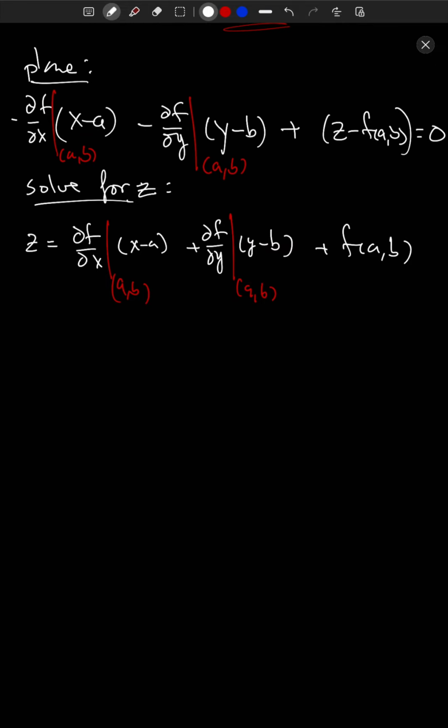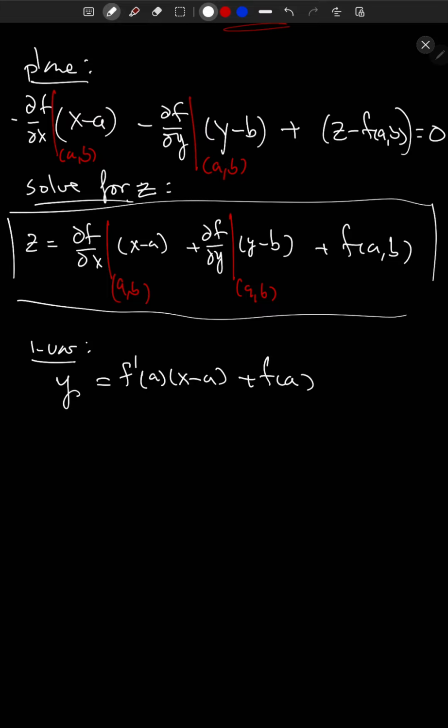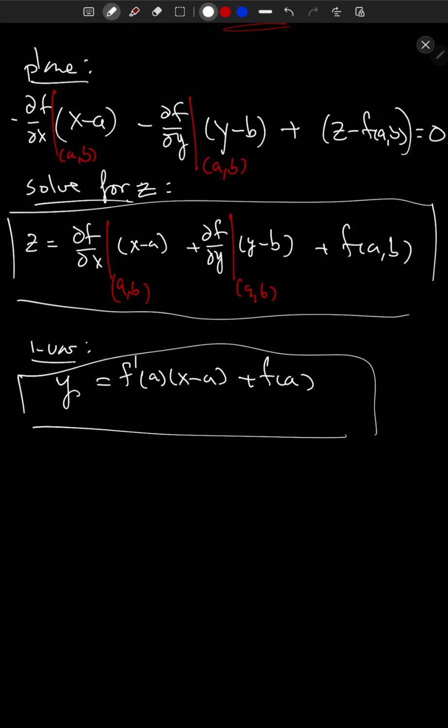Remember in one variable calculus, your linear approximation formula was f prime at a, x minus a, plus f of a is equal to, let me call it y, right? If we calculated the equation of that line, and you compare the two equations, they look almost exactly the same in spirit.